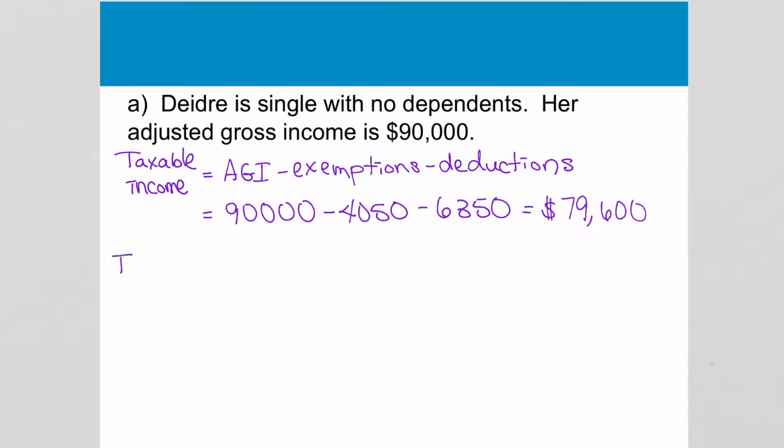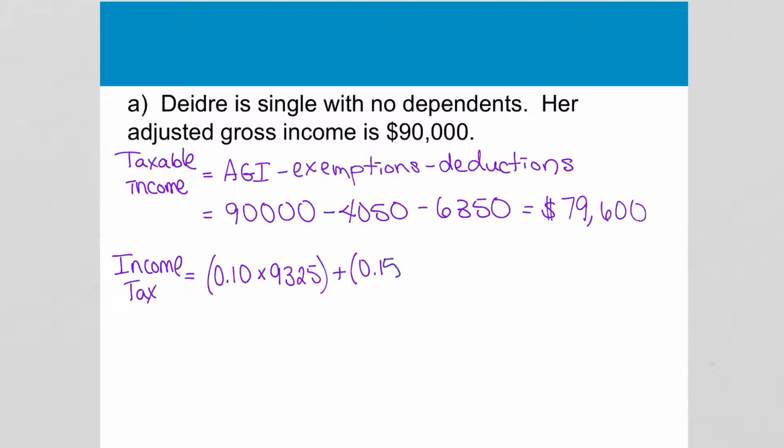So her income tax is, lots of parentheses here, 10% of $93.25 plus.